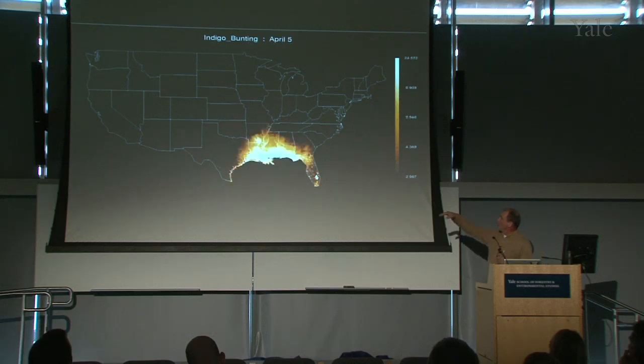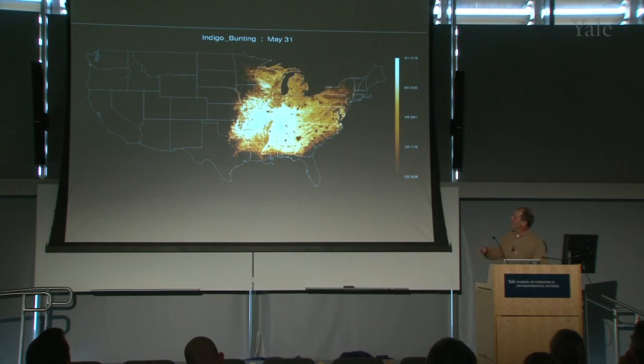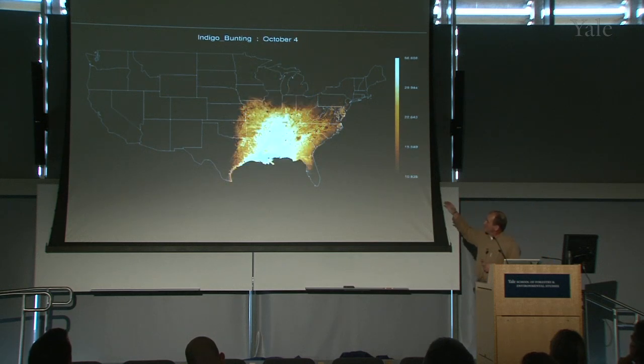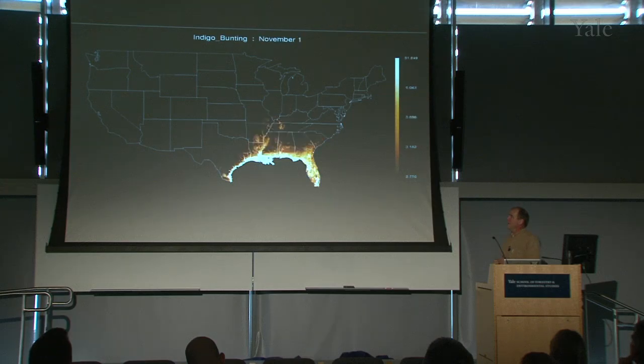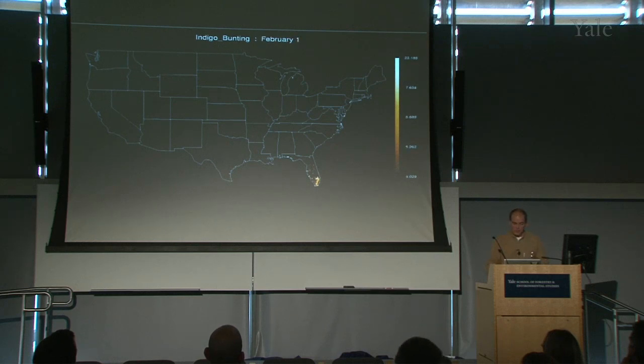They then move across the Gulf of Mexico, move quickly up into their breeding areas, avoiding cities. See the black hole where Atlanta is. And the center of their population remains. Then, beginning in August, they move back down, cross the Gulf of Mexico, back to their winter distributions.